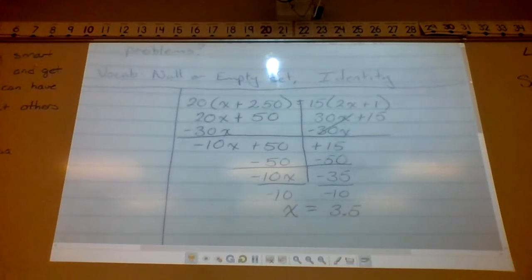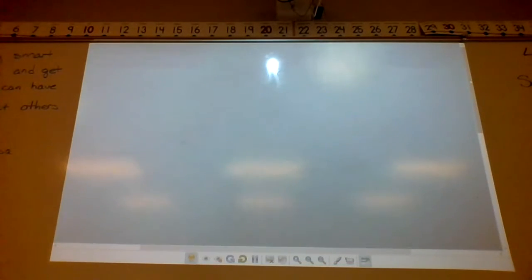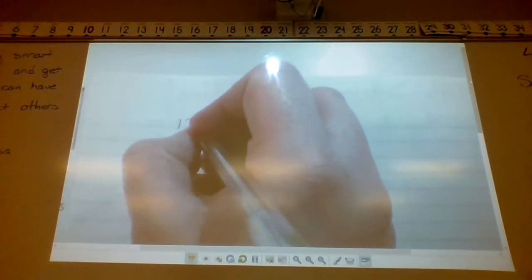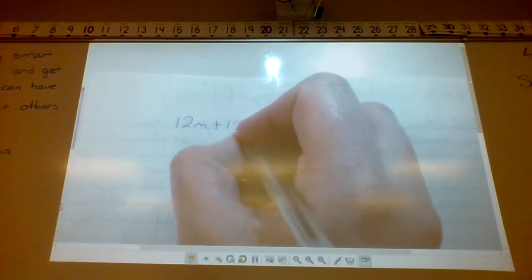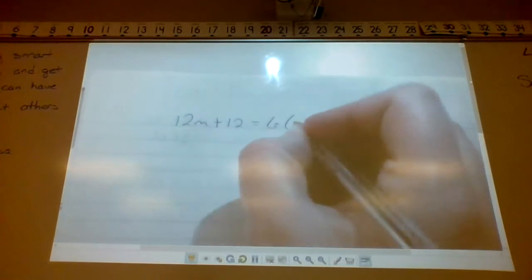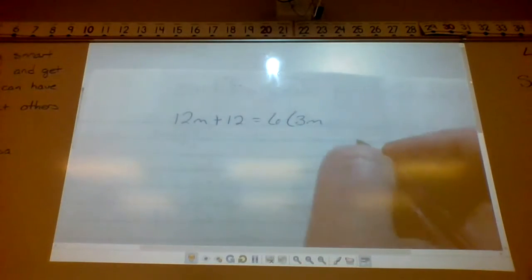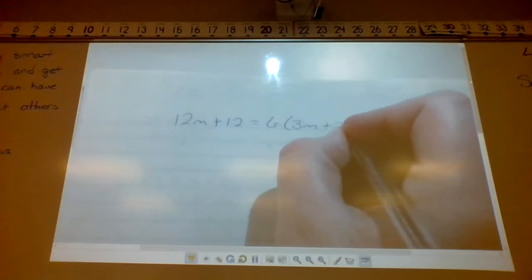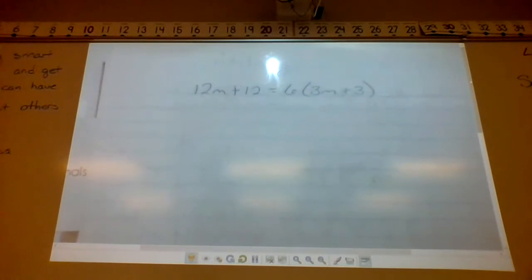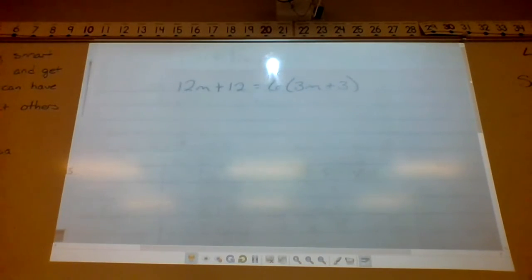Okay, let's try another one. Student page. If I give you this problem, what would you guess is the first thing you have to do?